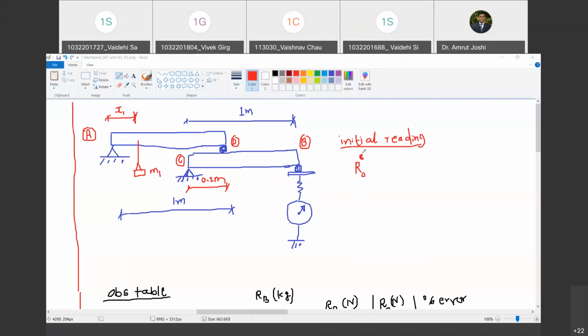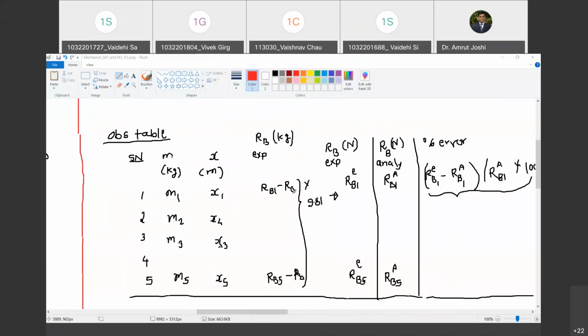Happy? Yes, sir. So that initial reading, I am denoting it as R0C. So here, when you subtract, you have to subtract R0C from all the readings. Happy? Yes, sir. Otherwise, the table remains same. And you are going to have different expression for RB that is found out analytically.